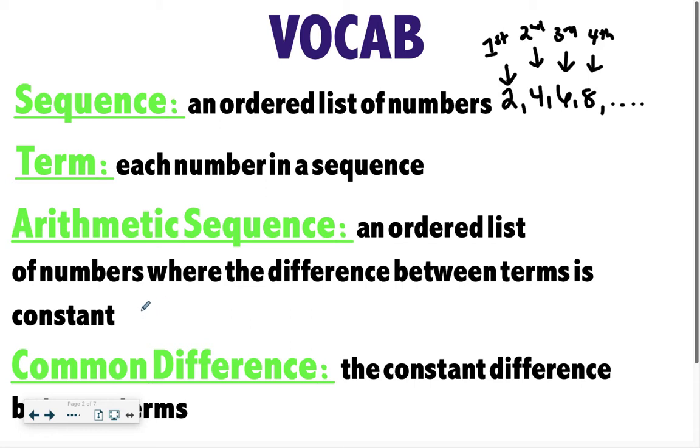Okay, so like I said earlier, 2, 4, 6, 8, the difference between them is 2, right? I have to add 2 each time. If I were to do a list that was like 1, 2, 4, 7, those aren't changing by the same number each time. So that would not be an example of an arithmetic sequence.